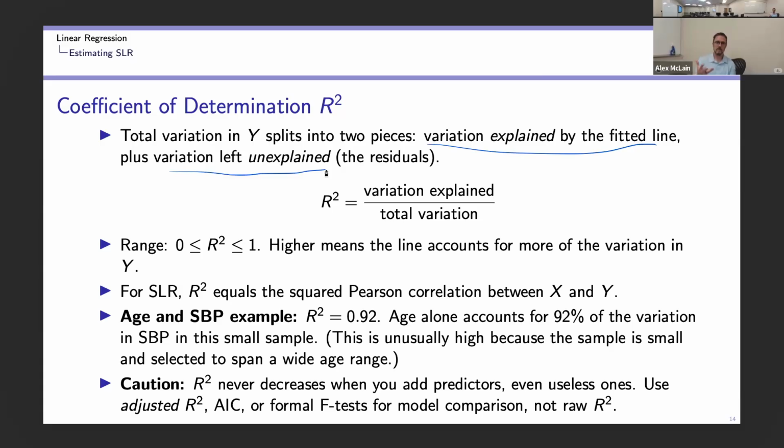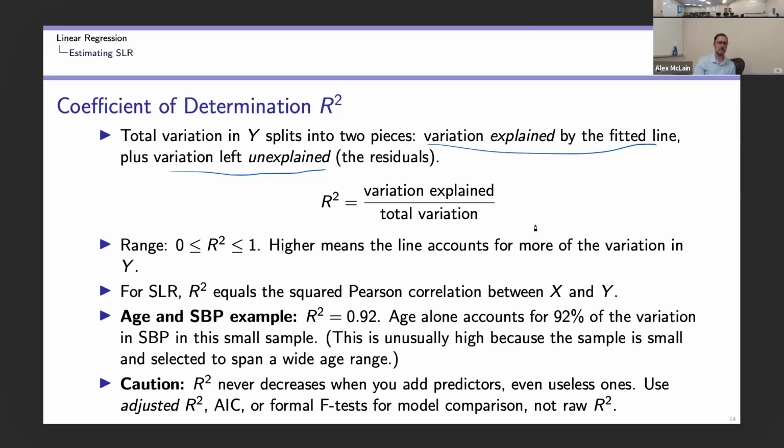So this model explains some variation. It does not explain other variation. And the ratio of the variance explained to the total variation is what gives us our R squared value. A higher R squared means the line accounts for more variation in Y.